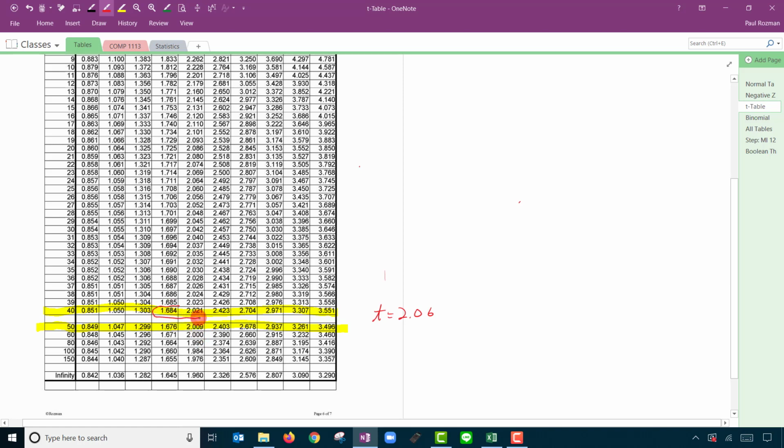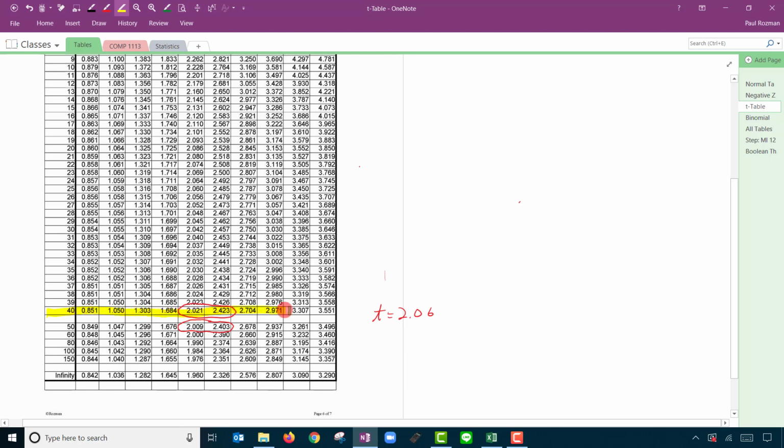It would be between these two if I had a degrees of freedom of 40. And it would be between these two. Oh no. Would it? Oh, this is kind of tricky. 2.06, I guess, is between these two. Actually, I had it wrong on the first row too. It'd be between these two.